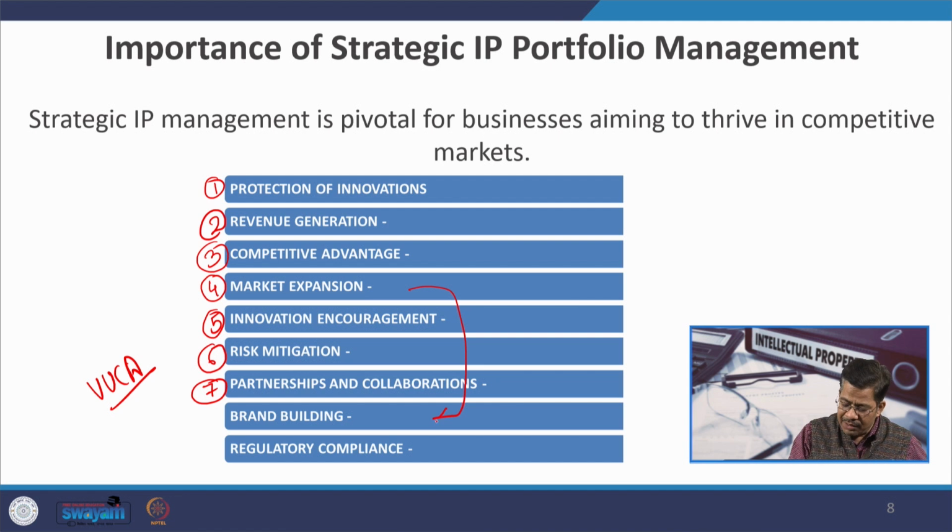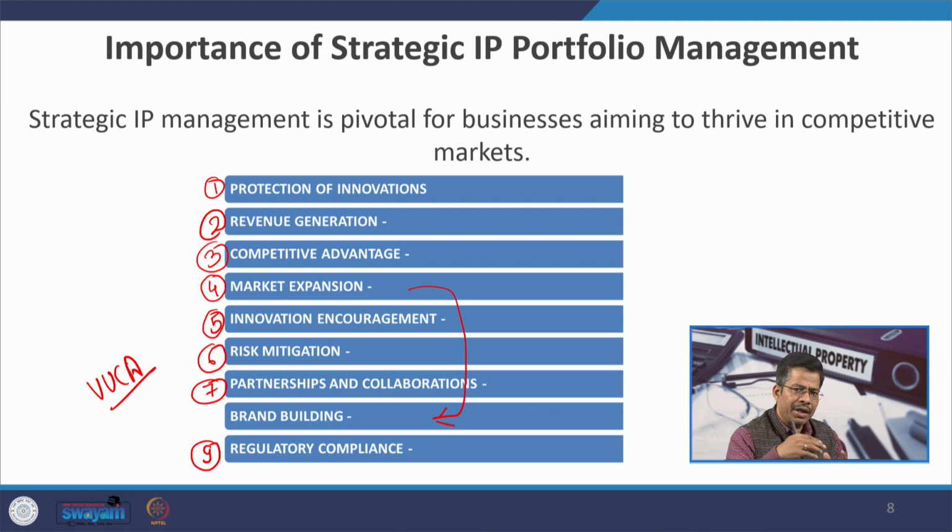It will also help you in developing the brand of your organization, and in some cases it is also possible to help you in achieving the regulatory compliances. For example, if you are developing a new type of, let us say, processing method, and in that processing method some hazardous gases or heavy metals are discharged.